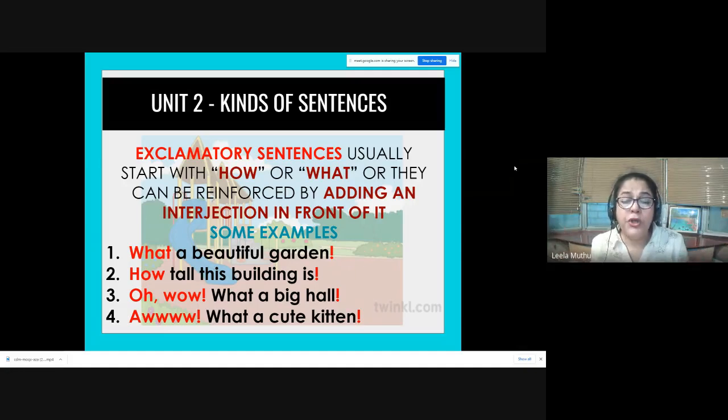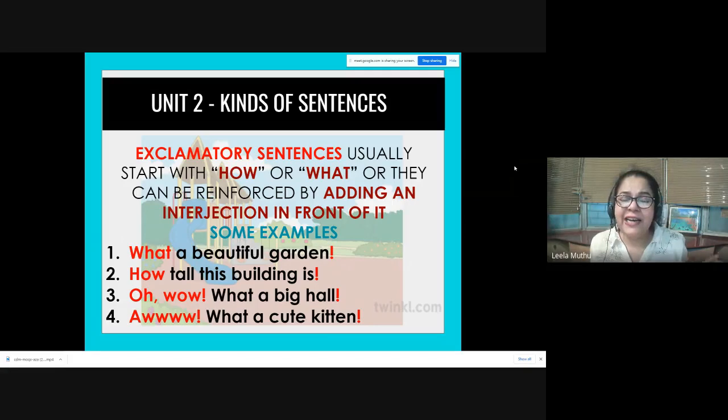Or, to convey your emotion even better, you can add an interjection in front of that exclamatory sentence, like, oh wow, gosh, bah, that is absolutely rubbish. Hurrah, bravo, wonderful, fantastic, fabulous.